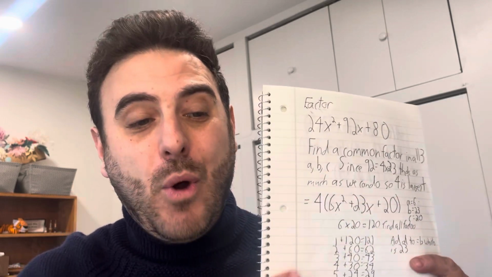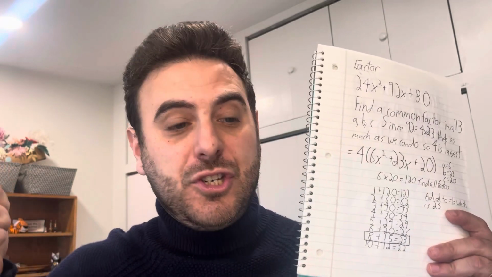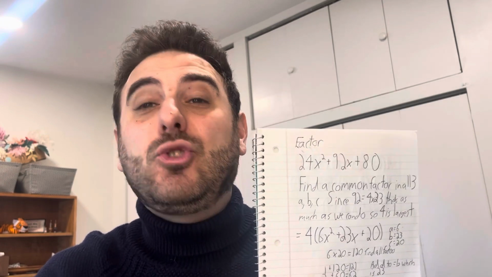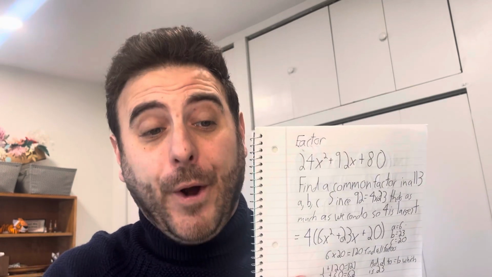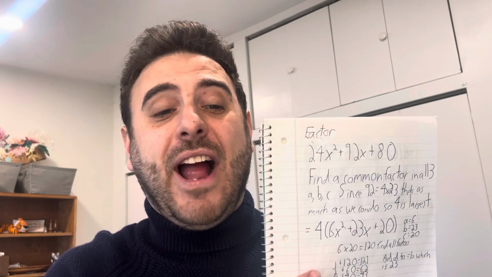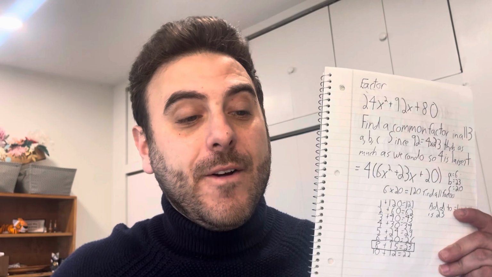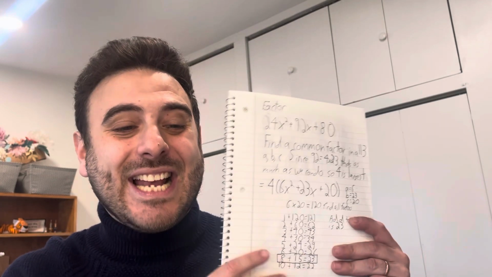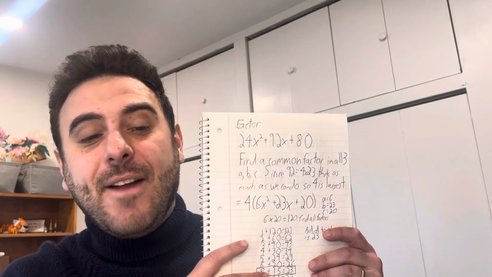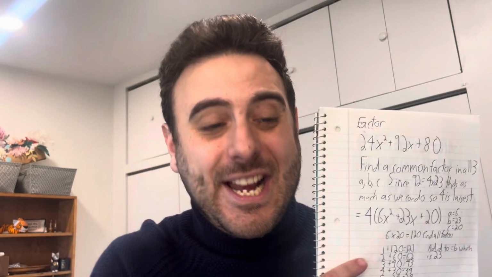The factors of 24 are 1, 2, 3, 4, 6, 8, 12, and 24. 92 has factors of 1, 2, 4, 23, and 46. 80 has factors 1, 2, 4, 5, 8, 10, 16, 20, 40, and 80.